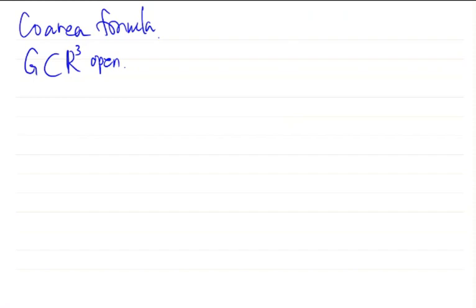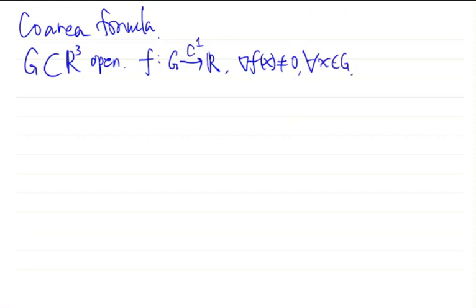and F is a function C1, continuously differentiable, whose gradient is never 0 for any x in G. Okay, then the pre-image of an interval we denote by omega.